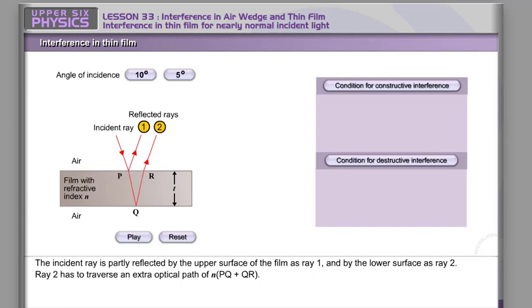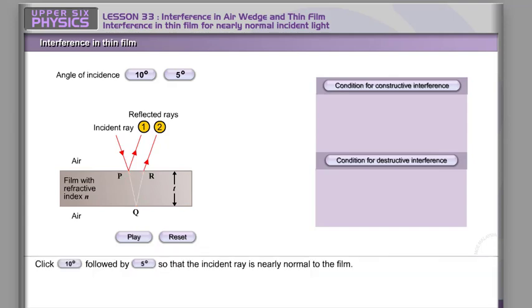Ray 2 has to traverse an extra optical path of n times pq plus qr. Click the 10 degrees button followed by the 5 degrees button so that the incident ray is nearly normal to the film.